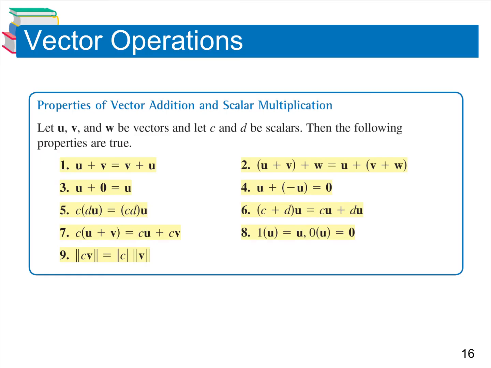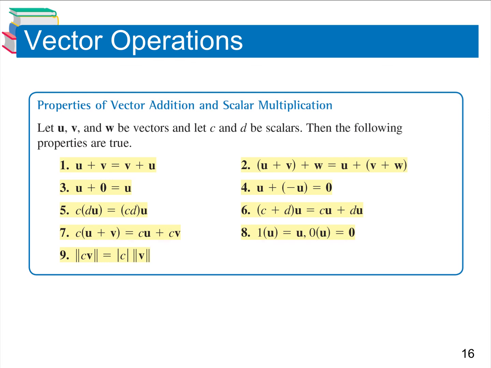The last page talks about vector operations. So they're pretty straightforward. If you have u plus v, it's the same thing as v plus u. So when adding, you could change the order. If you add 0 to a vector, it's the same vector. If you're multiplying by 2 scalars, you can multiply the scalars first and then multiply them to the vector. If you're multiplying both vectors by the same scalar, you can distribute.